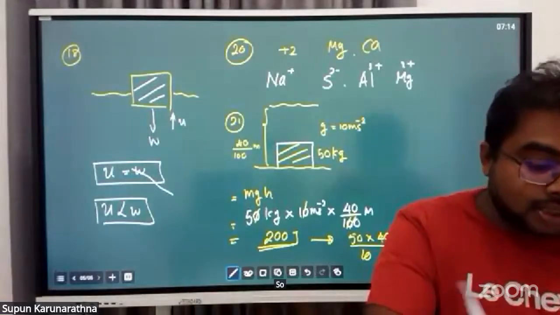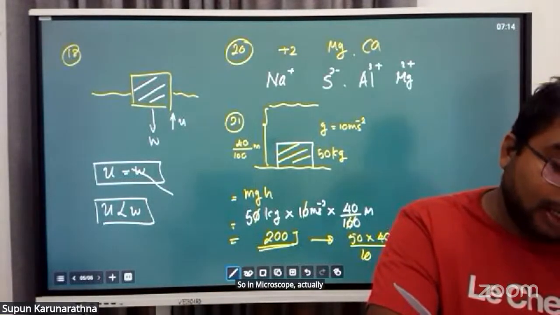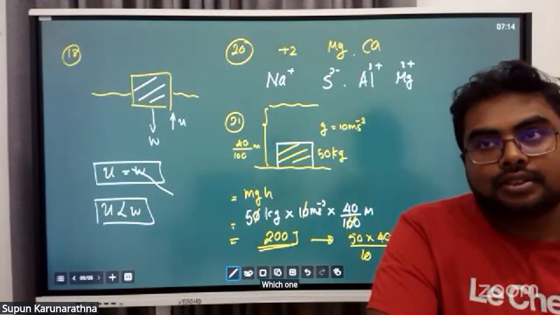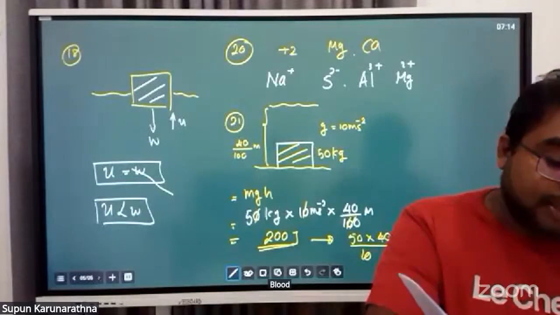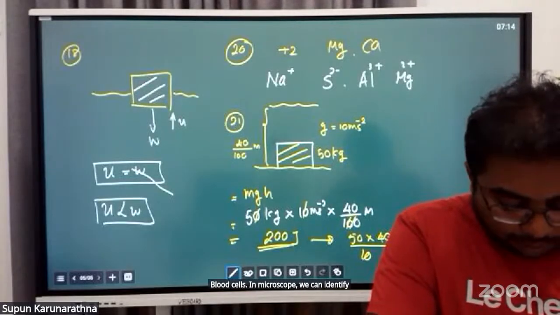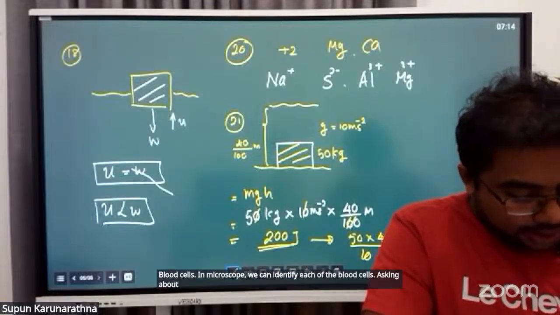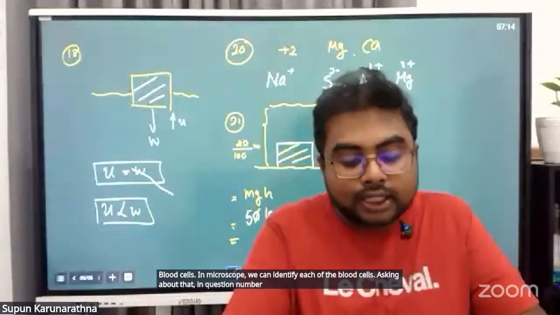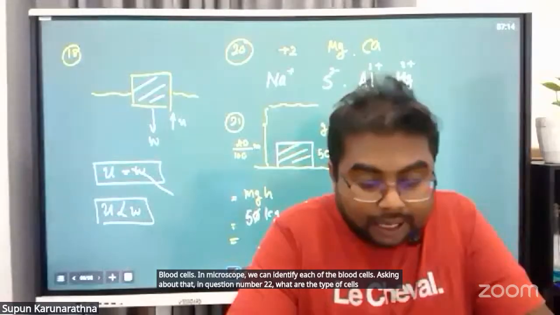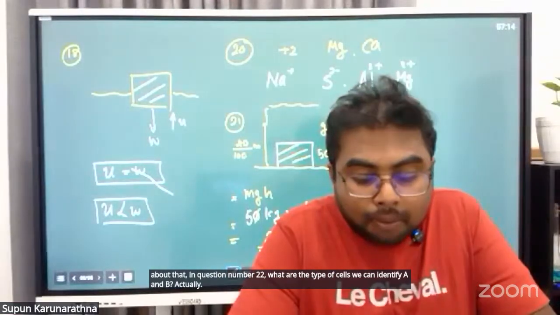In the microscope we can identify each of these blood cells. In question 22, what types of cells are A and B? A is monocytes.